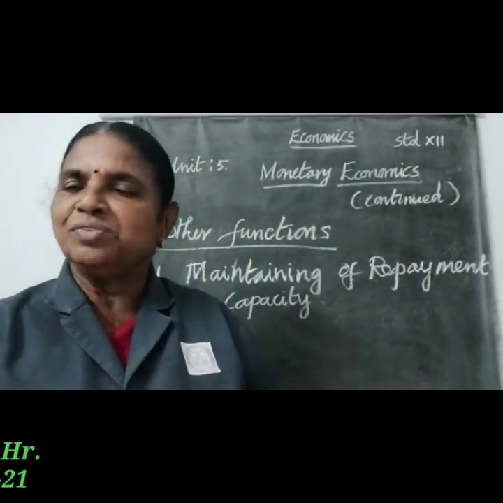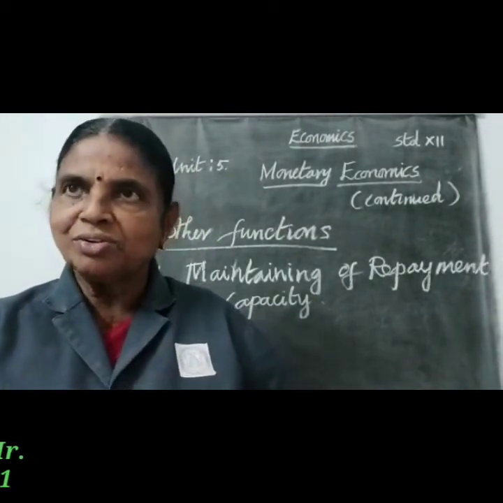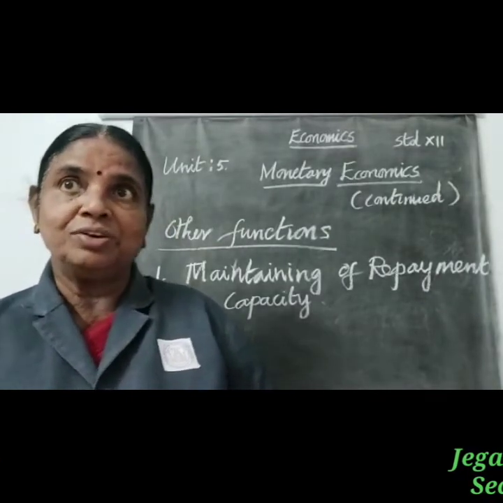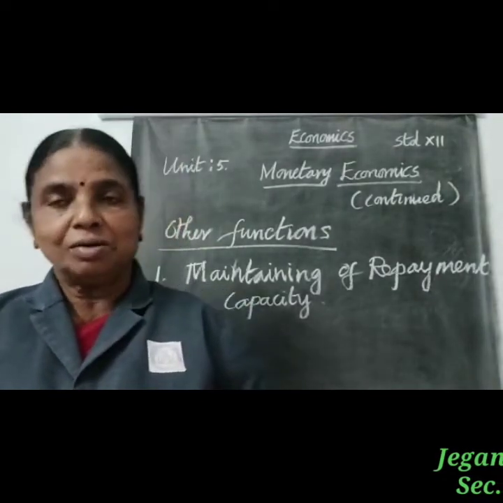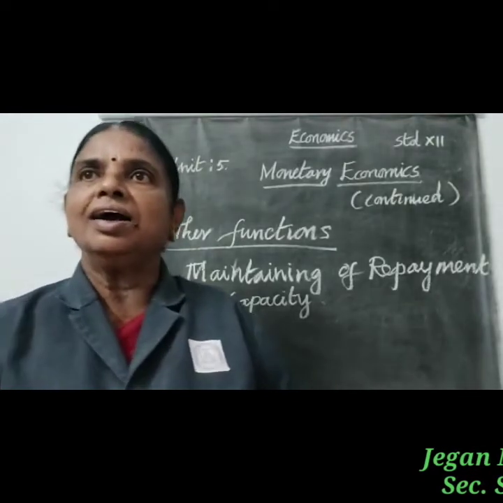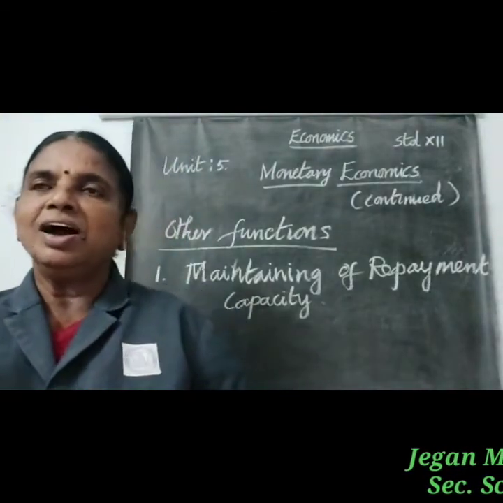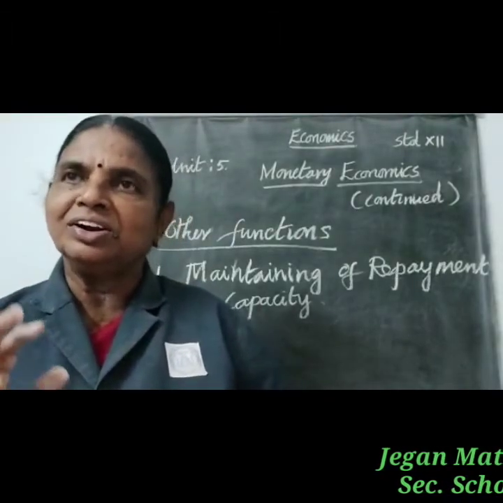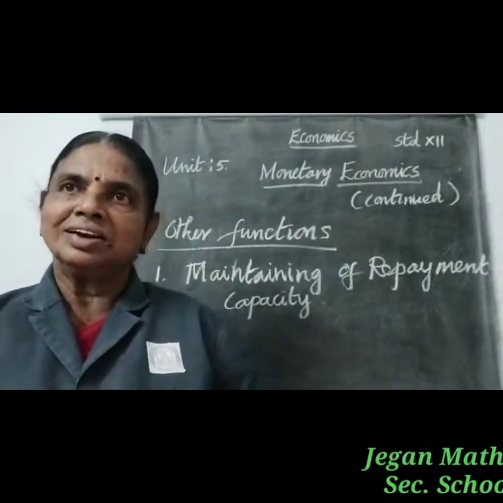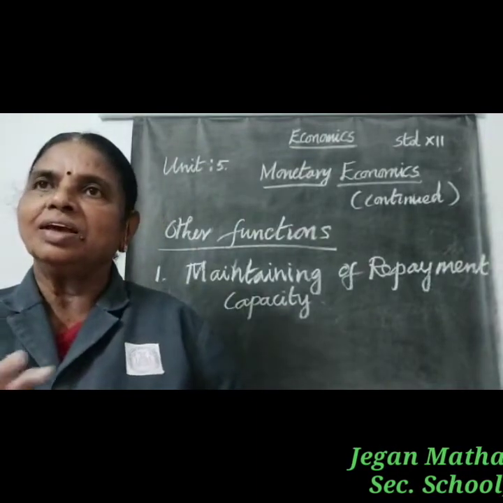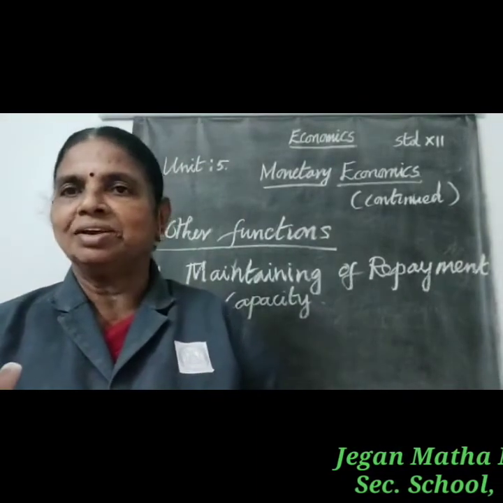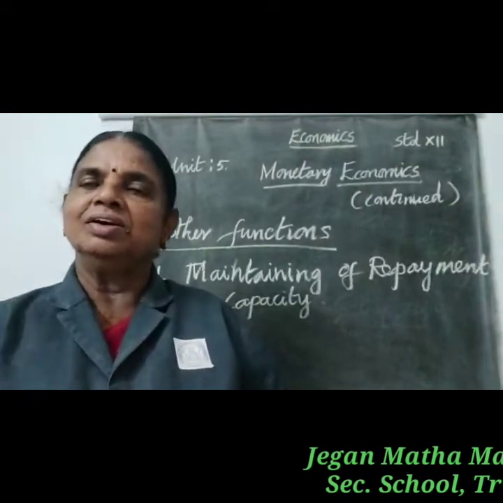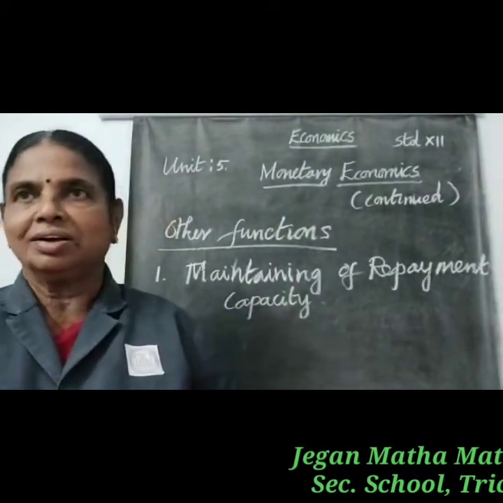Not only the firms and industries, but also the banks and the life insurance companies, and even governments have to keep a certain amount of liquid cash to maintain their repayment capacity. So, money acts like that and helps to maintain repayment capacity.